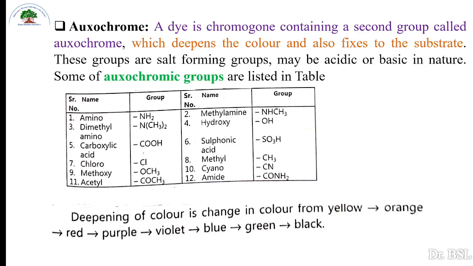Then what is meant by oxochrome? A dye is a chromogen containing second group called oxochrome, which deepens the color and also fixes to the substrate. These groups are salt forming groups, may be acidic or basic in nature. Some of the oxochromic groups are listed.